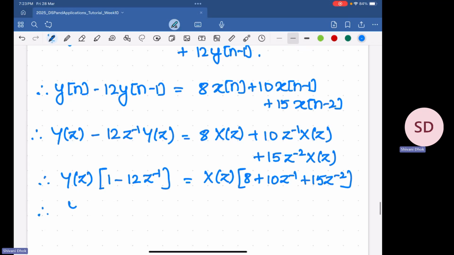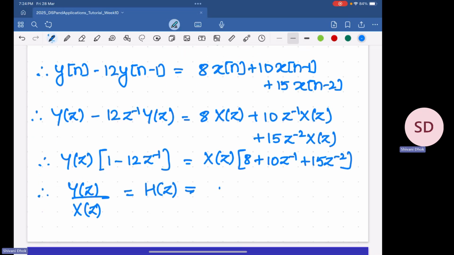So now Y of z upon X of z, which is basically our system function H of z, comes out to be equal to 8 plus 10 z inverse plus 15 z to the power minus 2 divided by 1 minus 12 z inverse. Is it clear? Any questions till this point?